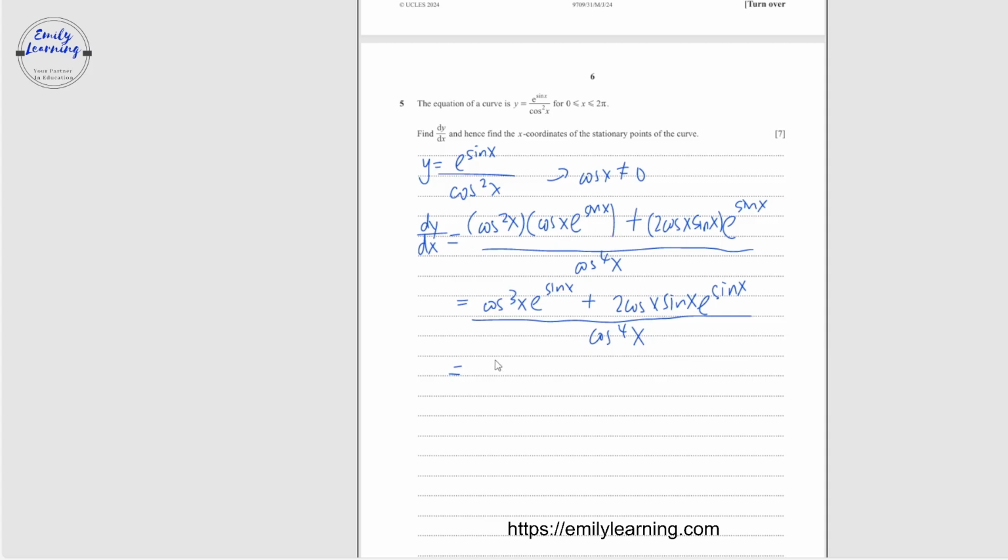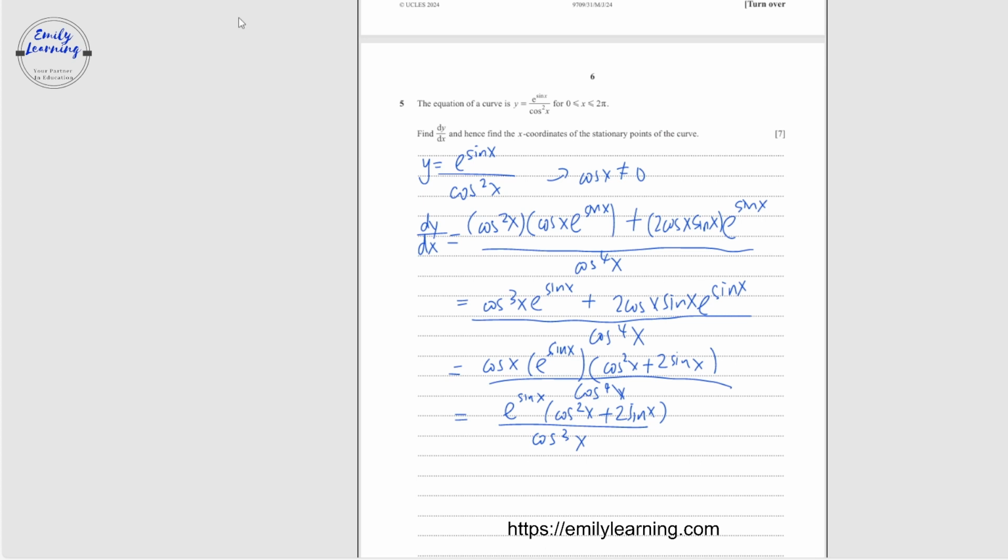We can actually factorize cosine x, and we also can factorize e to the power of sine x, then we'll be left with cosine square x plus 2 sine x over cosine to the power of 4x. Then we can cancel away, so we are left with cosine cube x at the denominator, and in the numerator it will be e to the power of sine x times cosine square x plus 2 sine x.